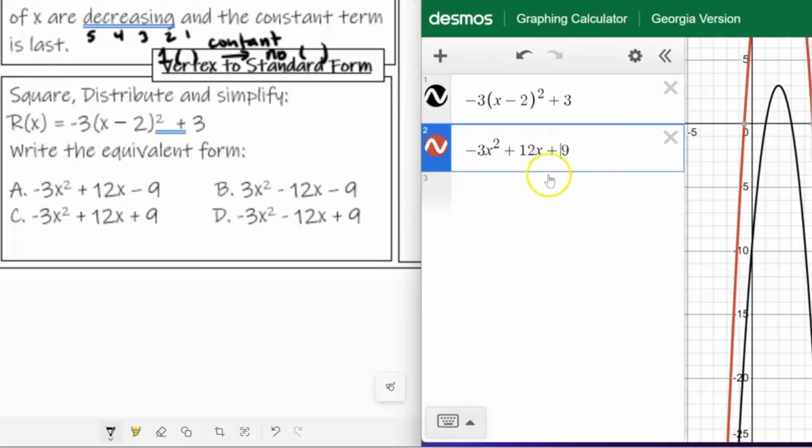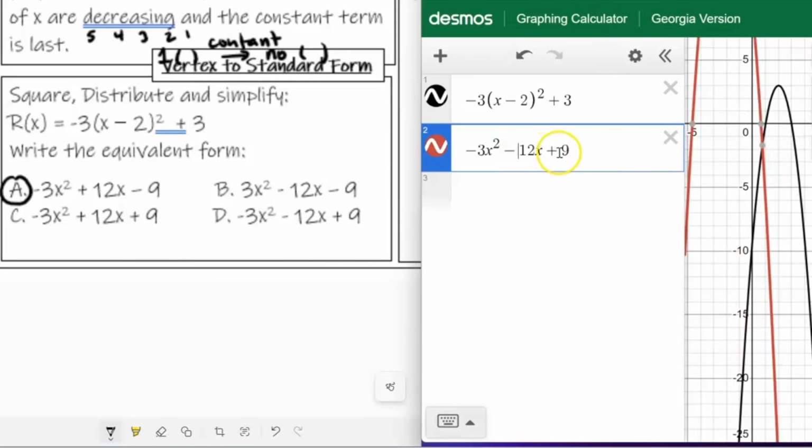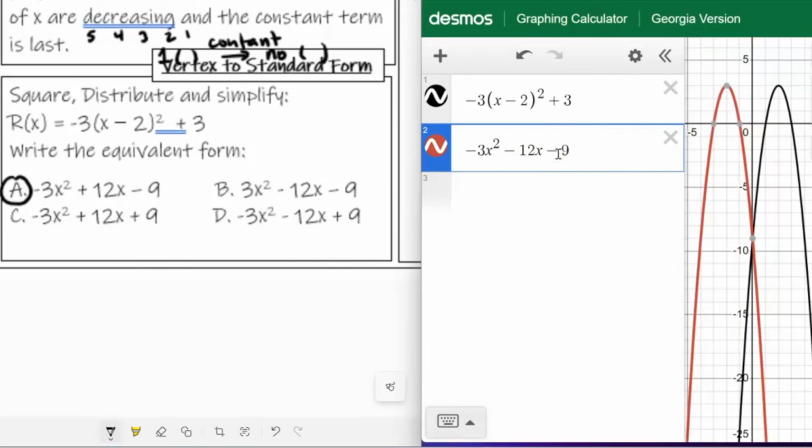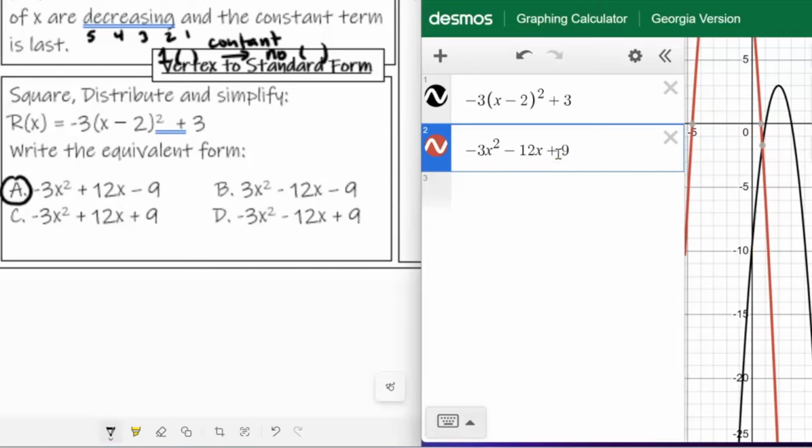That one does not match. So A is the answer right now, and it might be the right equivalent form. Okay, so they're only saying it's 1, but I'm just going to check all of them. 3x minus 12, minus 12x minus 9. Okay, that doesn't match. Plus 9 also does not match. So the only one that matched is A.